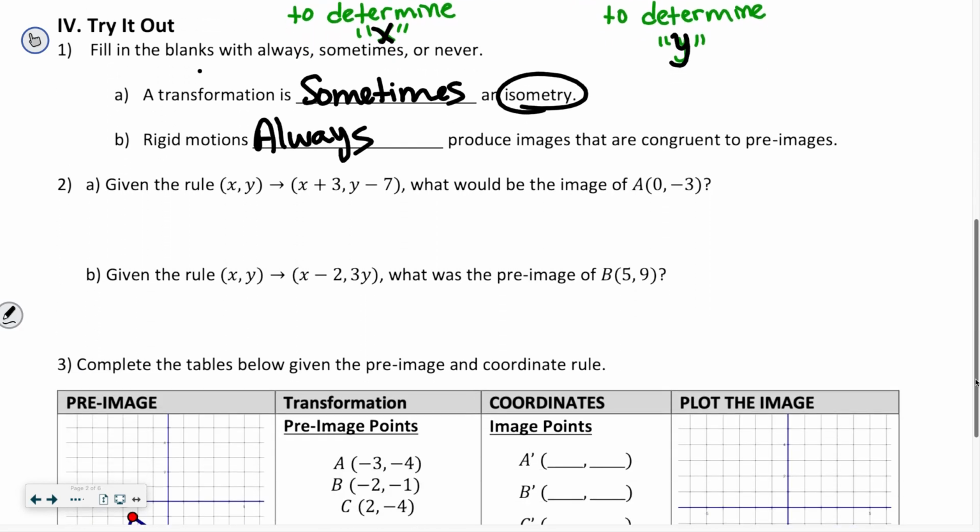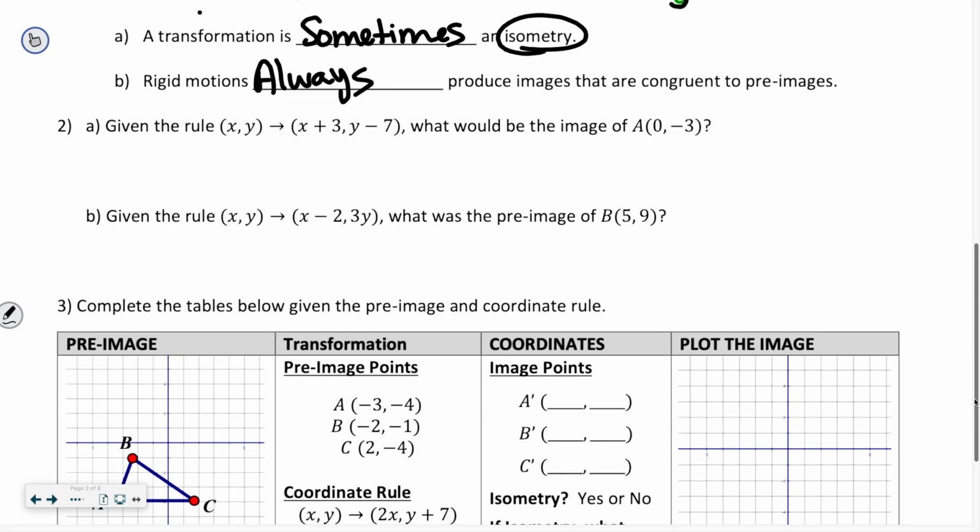And this is where people got stuck today, okay? Well, I have a point and I have a rule. This is the rule. How do I go from my pre-image and get out an image? Well, the image in this case would be A prime. How do I find A prime given that I have this rule, okay?